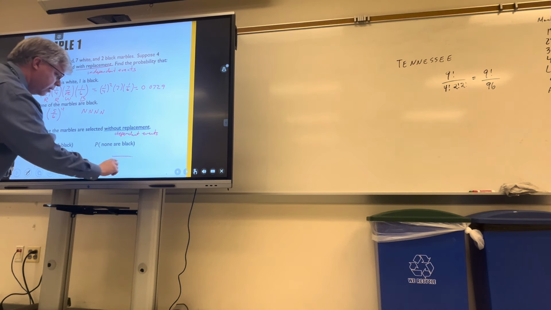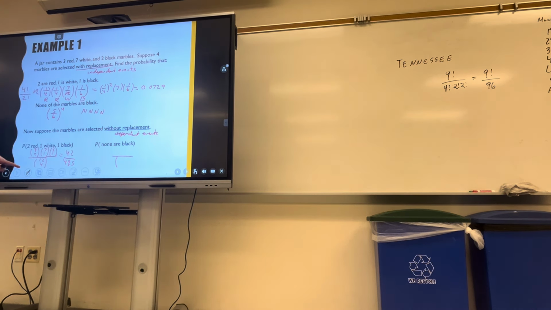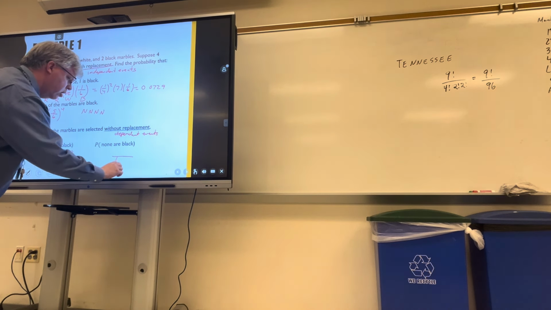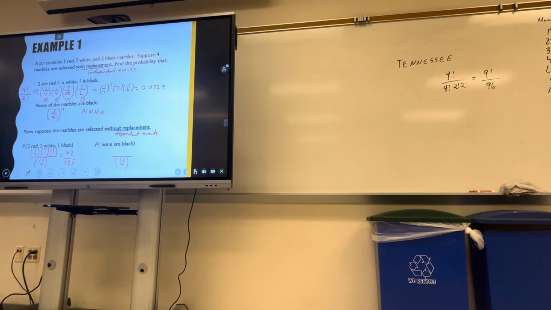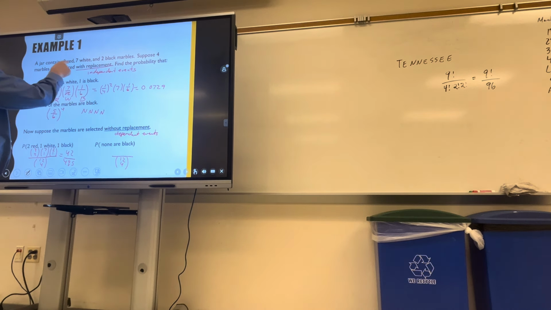Can we do the same thing? Would our denominator still be 12 choose 4 here? Is there still 12 choose 4 ways total of things that can happen? Yes, because we're picking 4. But what could I do on the top? I think we can do it with just one choose expression. Right? 10 choose 4. You have to pick from the non-black set, there's 10 of those.